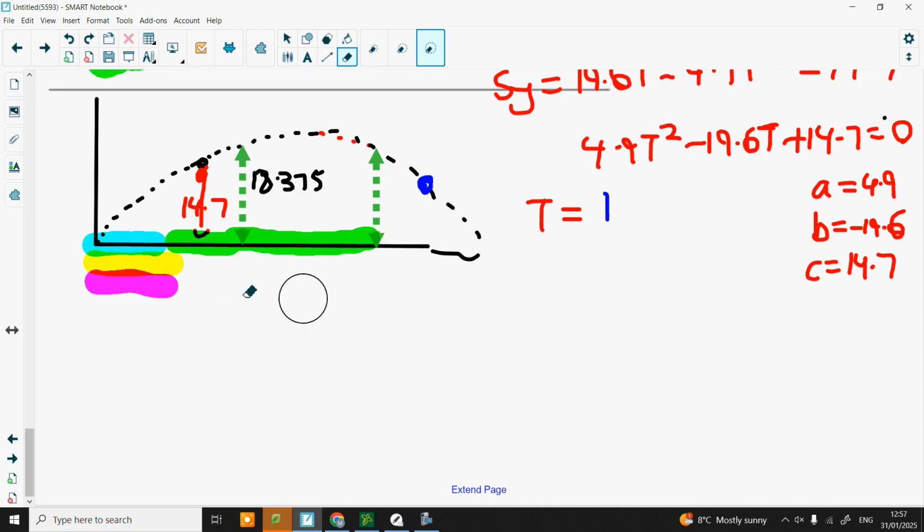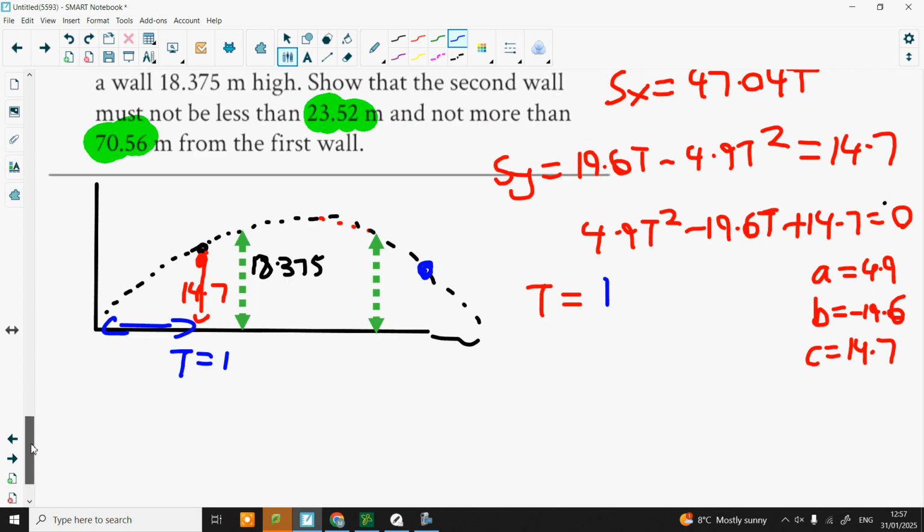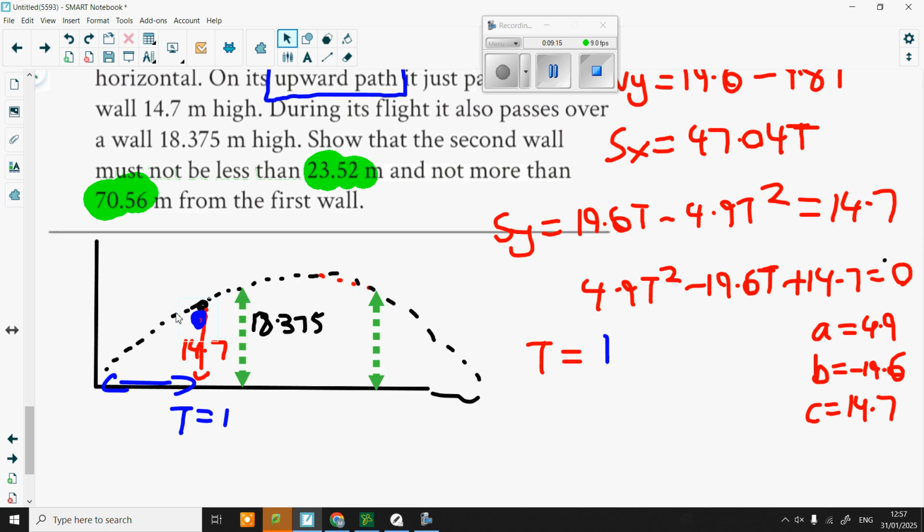So what I know now, I have a lot of color going on here at the moment, but what I'm basically saying is it takes 1 second. There's a T value of 1 when it's 14.7 high. The reason being is it gave me 2 times where the height is 14.7.